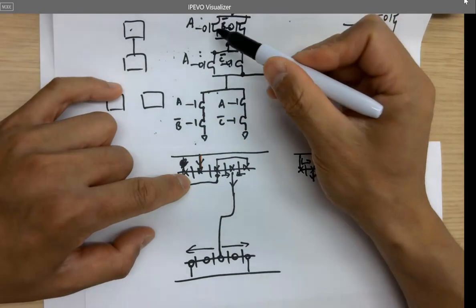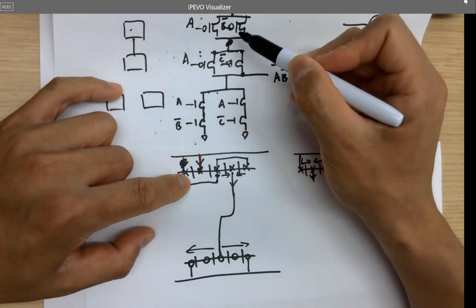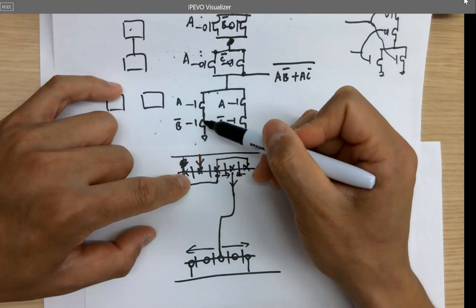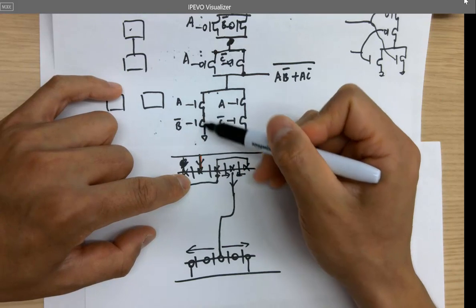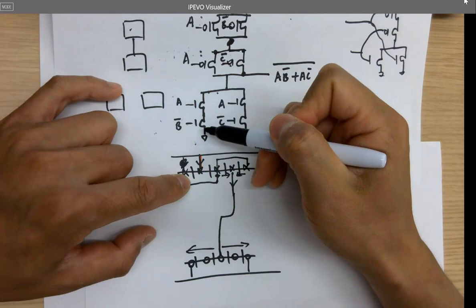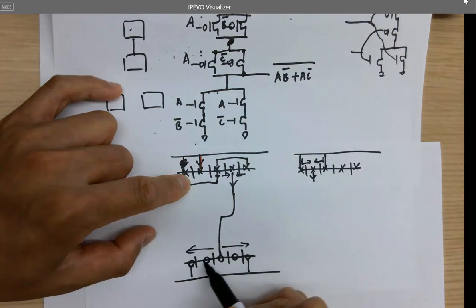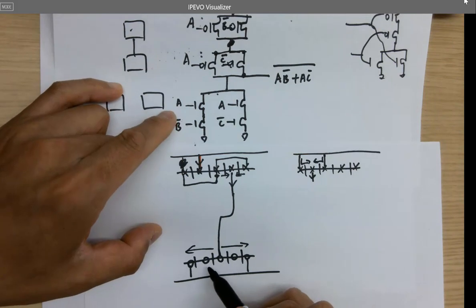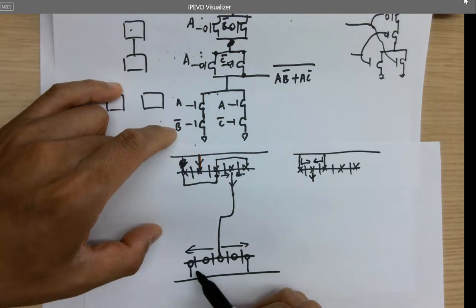The parallel transistors don't matter, they are interchangeable. But the series ones, they are not, because there will be one at the bottom and shorted to the ground. So it's making a difference. Which one is A, which one is B naught? So this is A, right?